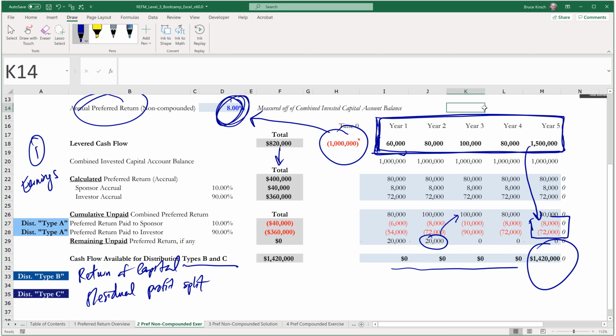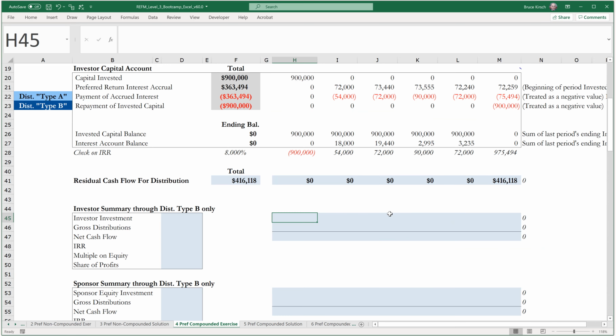So of the $1.42 million, $1 million is our return of capital. And then we'll have a residual profit amount available to split of $420,000. The investment, let's show that as negative.